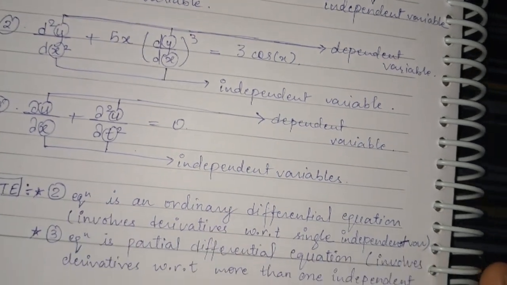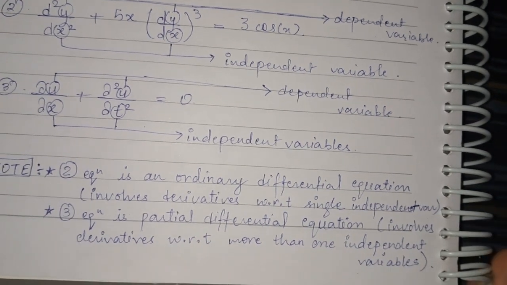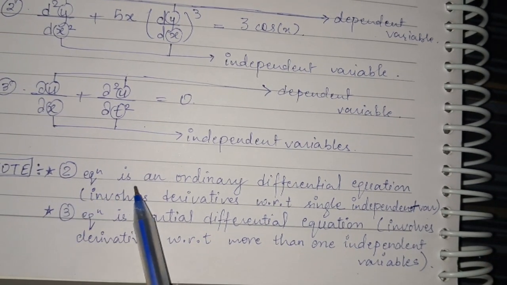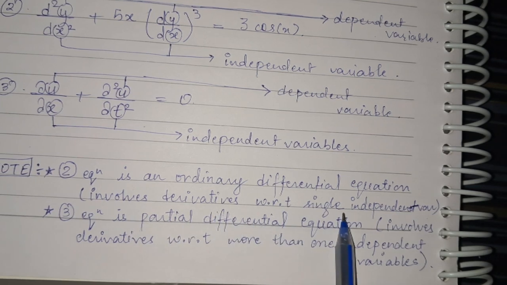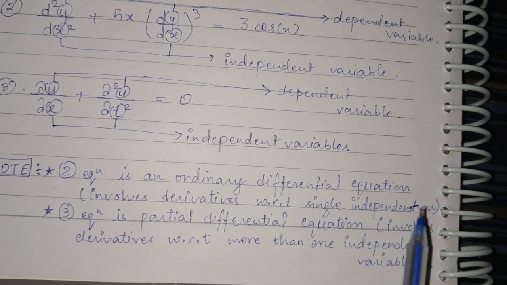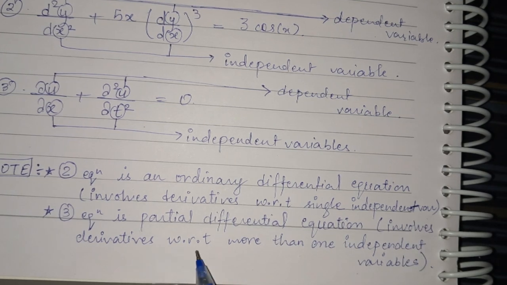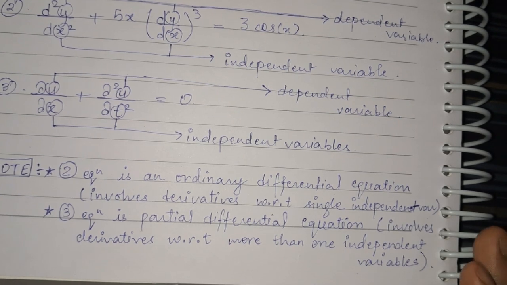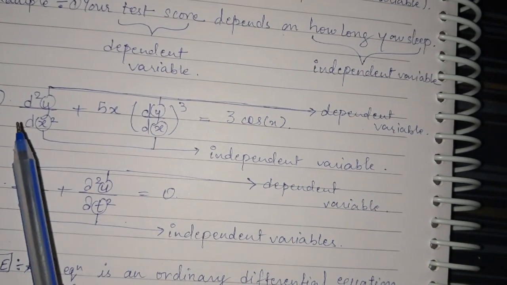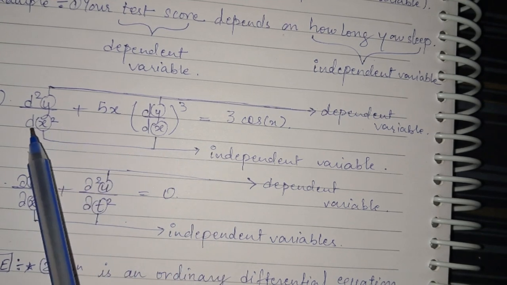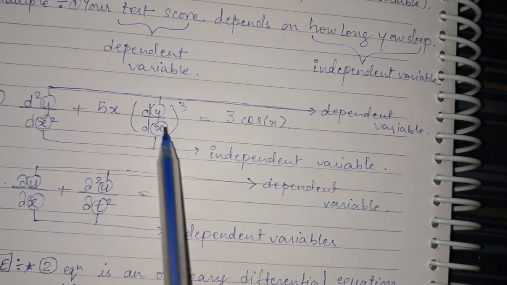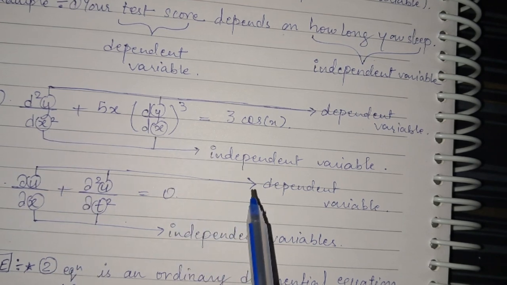Here we are given a small note that says equation 2 is an ordinary differential equation because it involves derivatives with respect to a single independent variable, and equation 3 is a partial differential equation because it involves derivatives with respect to more than one independent variable. So equation 2 is an ordinary differential equation because we have only one independent variable in it.